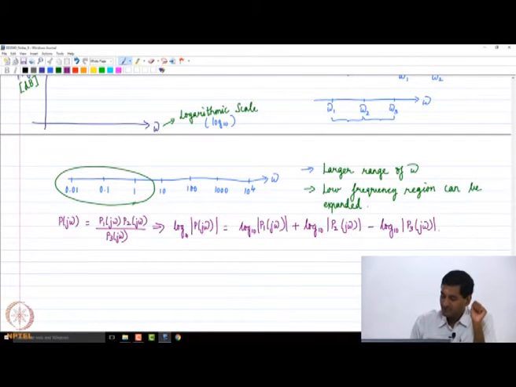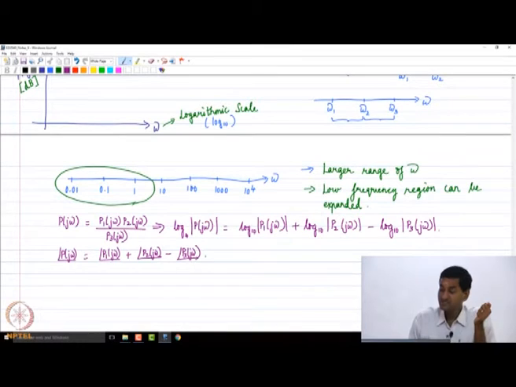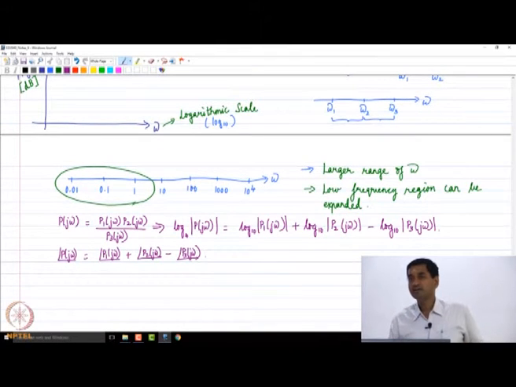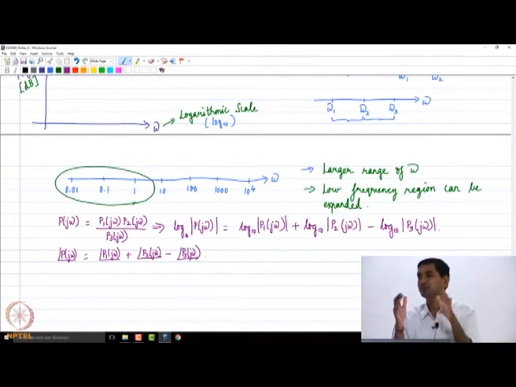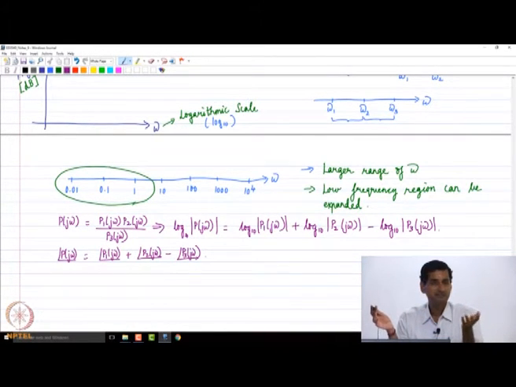Similarly, the phase of P of j omega also follows a similar trend: phase of P1 j omega, plus phase of P2 j omega, minus phase of P3 j omega. So if you can break down a given transfer function into simpler building blocks, which we are going to look at, then we just plot the Bode diagrams of the individual blocks and take the algebraic sum.